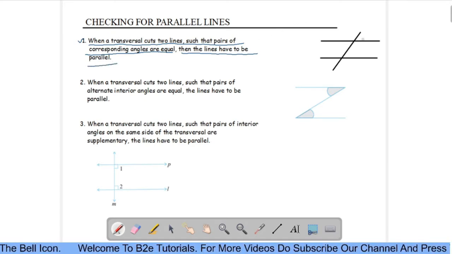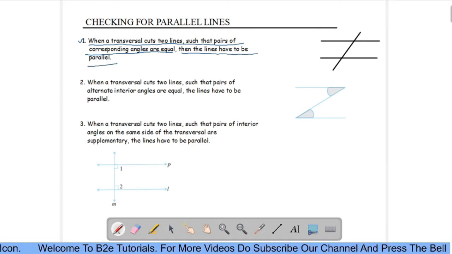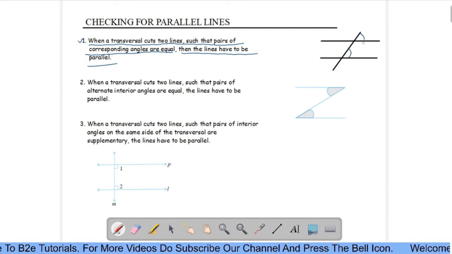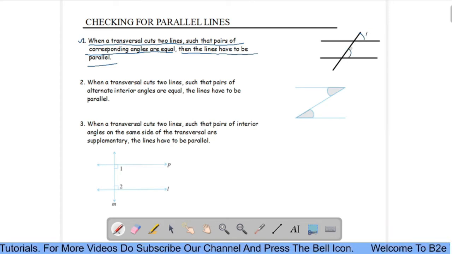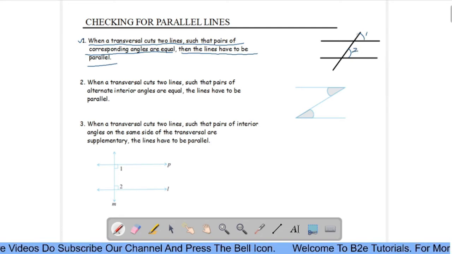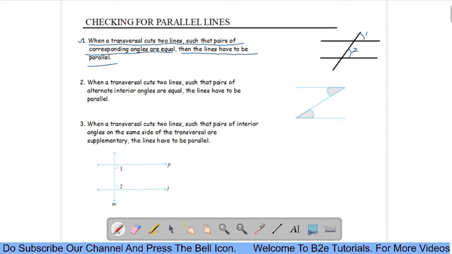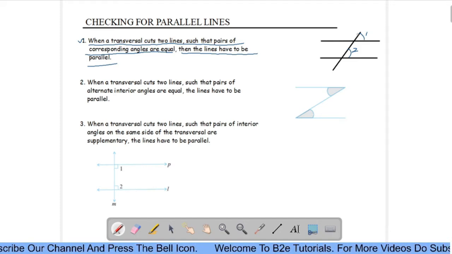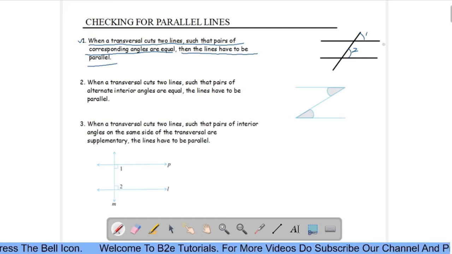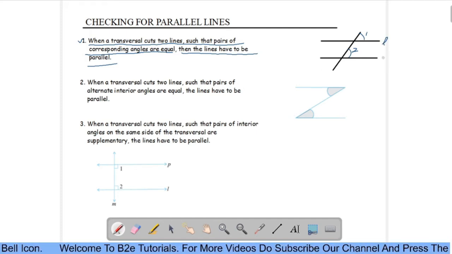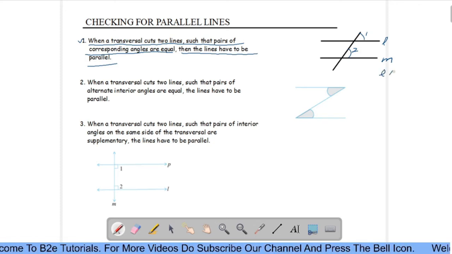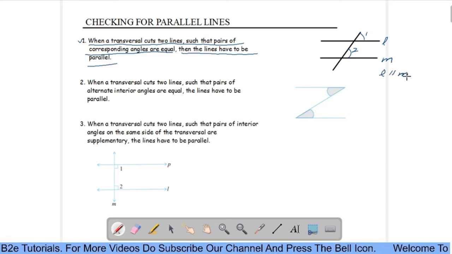That is, if this angle and this angle are equal, that is angle 1 is equivalent to angle 2, and these are pairs of corresponding angles, then we can say that line L is parallel to M.